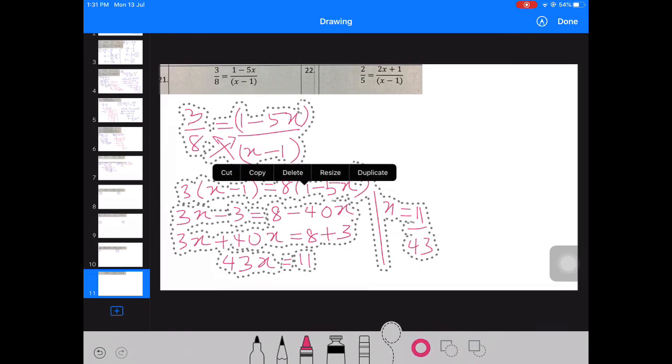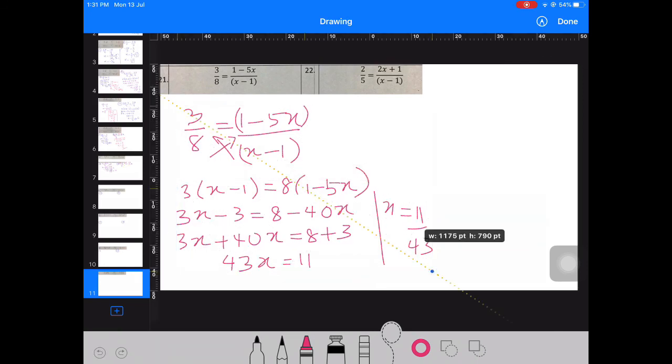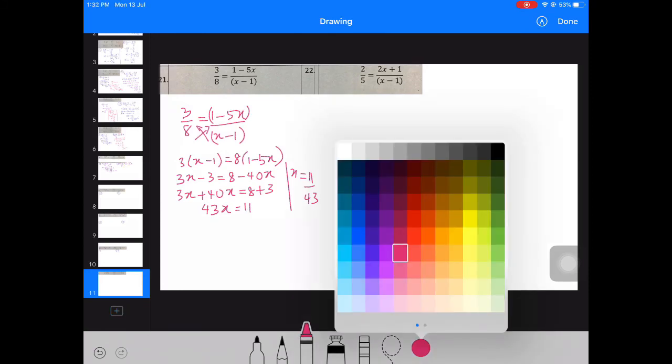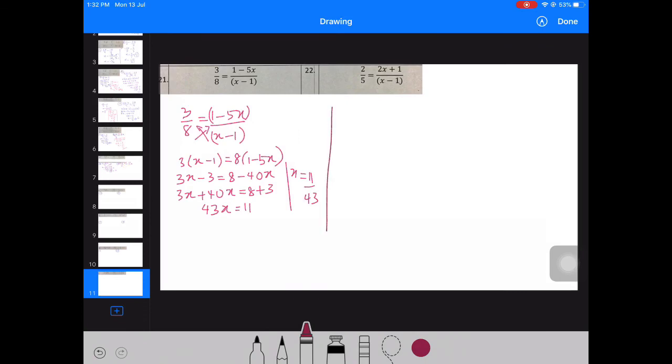Okay. Okay, so last one. Last one, number 22. This is simple.